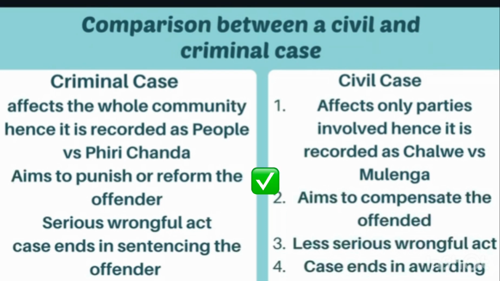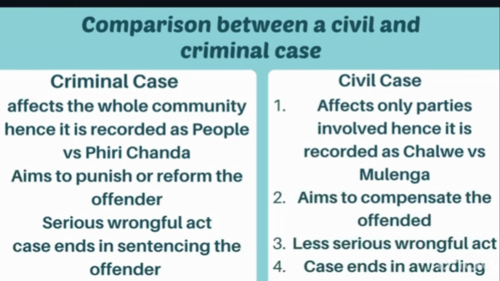Number two, a criminal case aims to punish or reform the offender. But for the civil case, it aims to compensate the offended. A criminal case is a serious wrongful act. For a civil case, it's a less serious wrongful act. A criminal case ends in sentencing the offender.